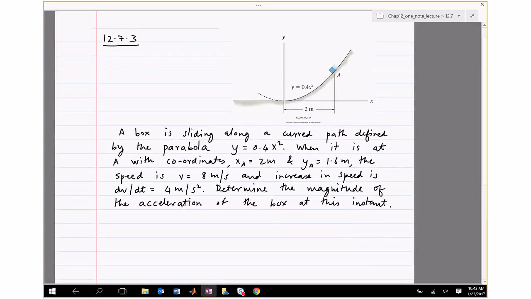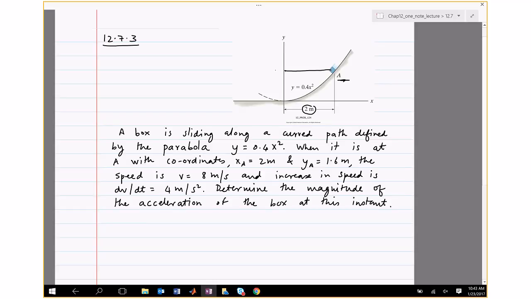Okay, so a box is sliding along a curved path defined by the parabola y equals 0.4x squared. When it is at A, this point, the coordinates are x equals 2 meters, as shown here, and y is 1.6.